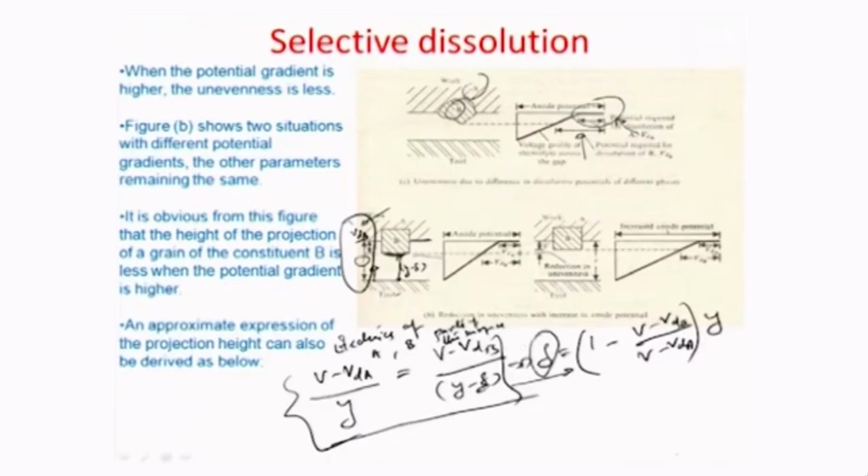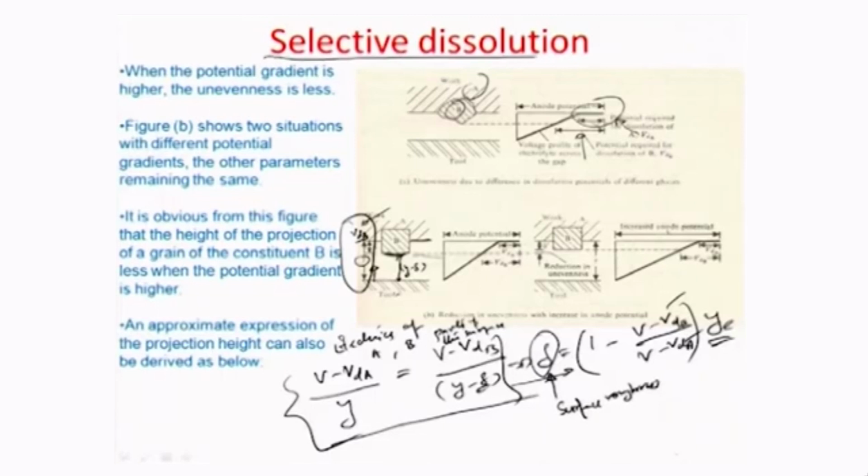So you can find out the surface roughness if you know the dissolution potentials of the phases A and B, and you are aware of the gap when the two surfaces are in equilibrium. So this can be the equilibrium gap.